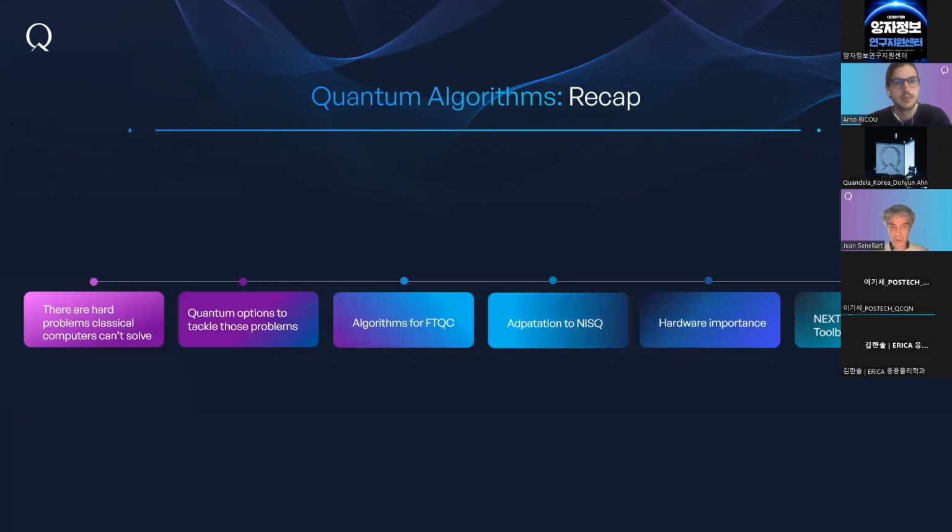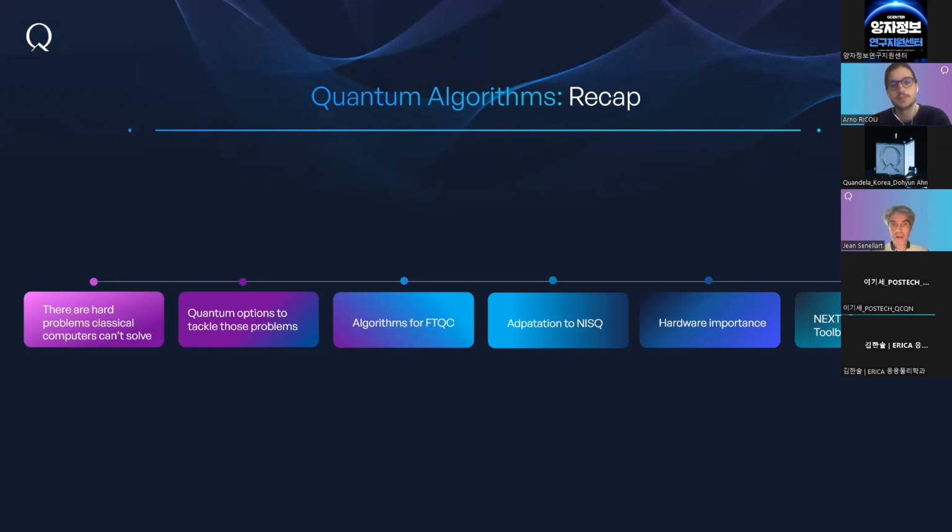So as a recap of quantum algorithms, the goal with quantum algorithms is to tackle problems that classically cannot be solved efficiently. We have a bunch of quantum options to do that. So many classes of fault-tolerant quantum computing algorithms, which will require hundreds of thousands of qubits to be run for interesting instances.